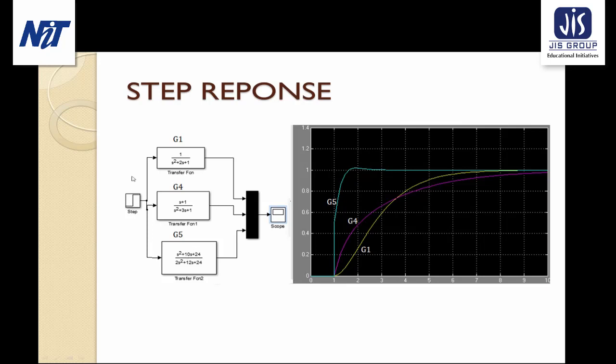If we give the step input to all these 3 systems, then we can see the response. The yellow one is the response of G1. For G4 the response is the pink one, and for G5 the response is the green one. That means it becomes more stable when we add zeros to the system.